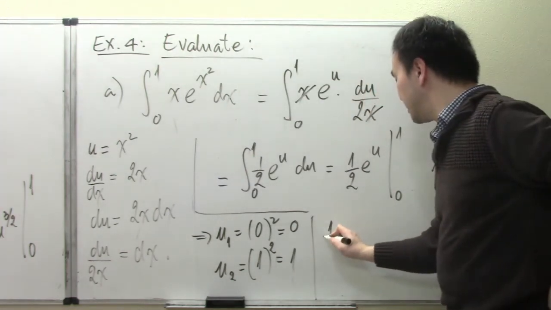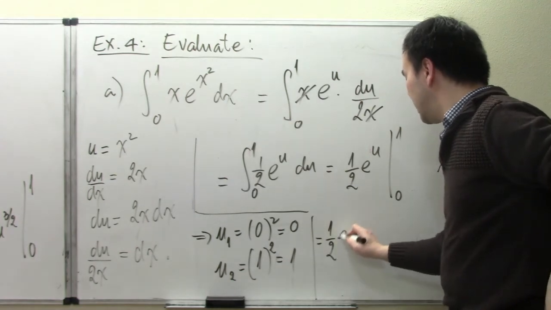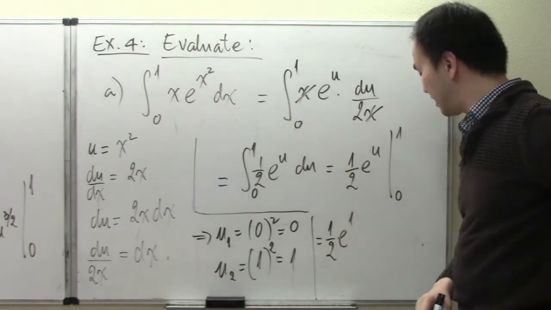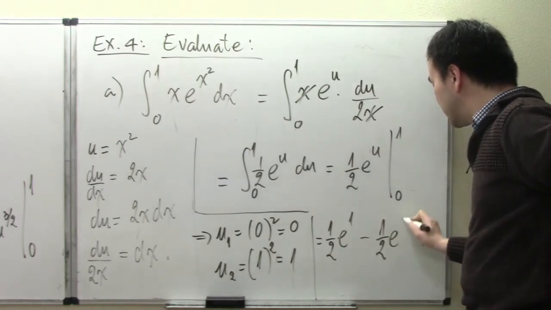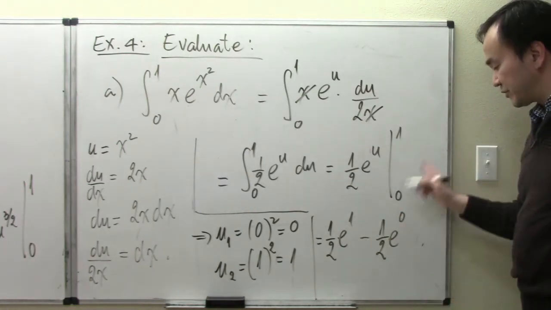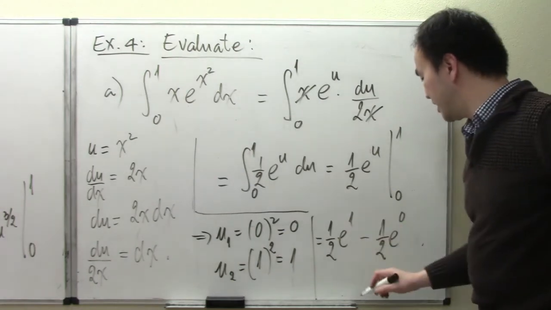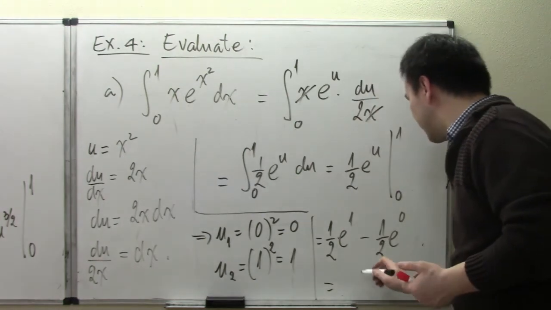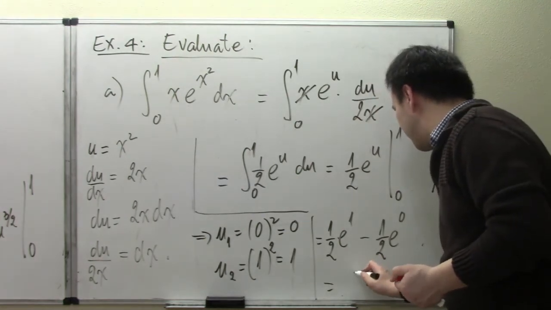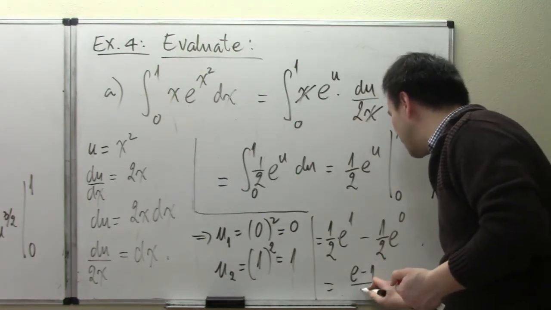It's going to be 1/2 e to the first power, according to the fundamental theorem of calculus, minus 1/2 e to the 0. E to the 0 is 1, and this is just e, so my final answer is just e minus 1 over 2, okay?